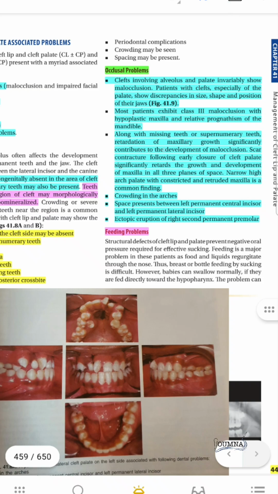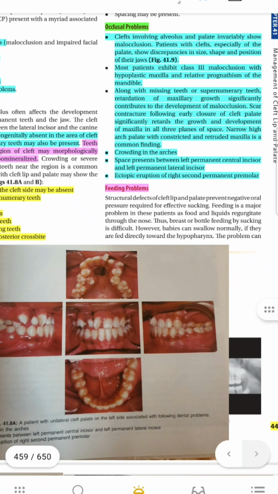So this retardation of the maxillary growth will contribute to the development of the malocclusion. Also, when a wrong early closure of the cleft palate is done, a scar is formed, and this will retard the growth and development of the maxilla.